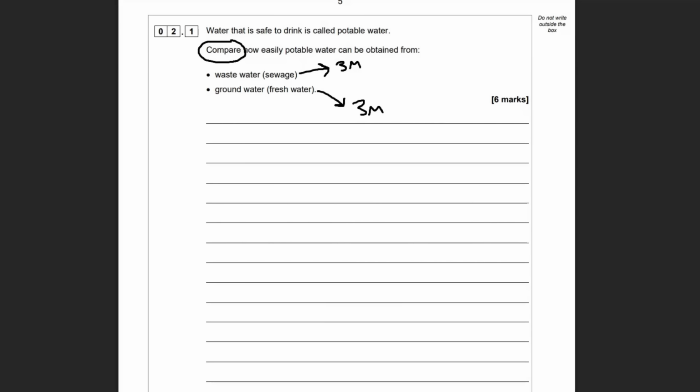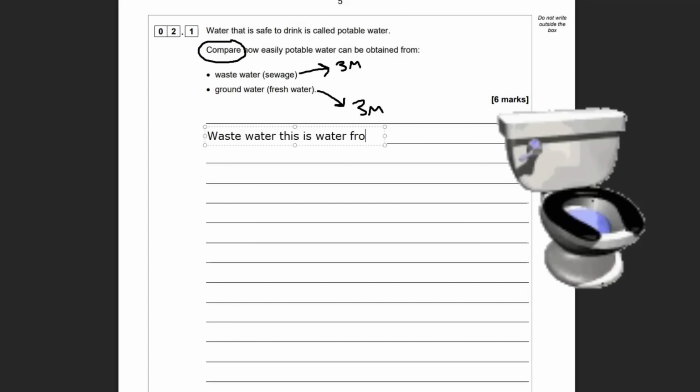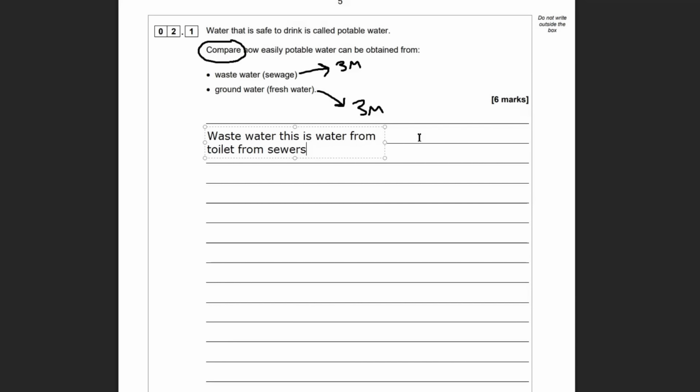I want to compare these. So really, let's look at wastewater. What's the first thing they do with wastewater? This is water from toilets, from sewers. This is the stuff that goes down the shower, and the stuff that goes down the toilet when you flush it. So yuck. How do we prepare this so that people can drink it again?